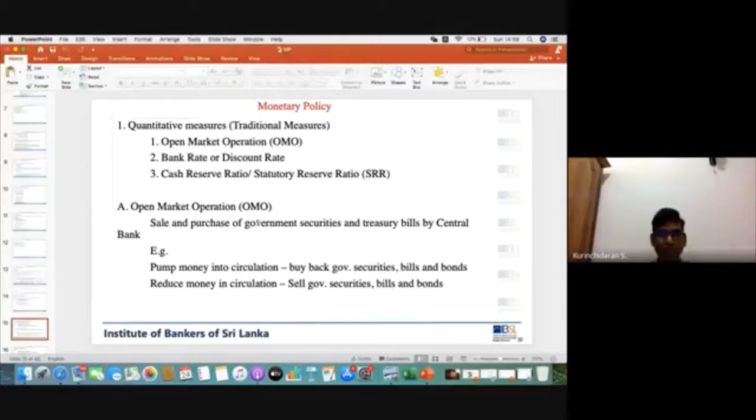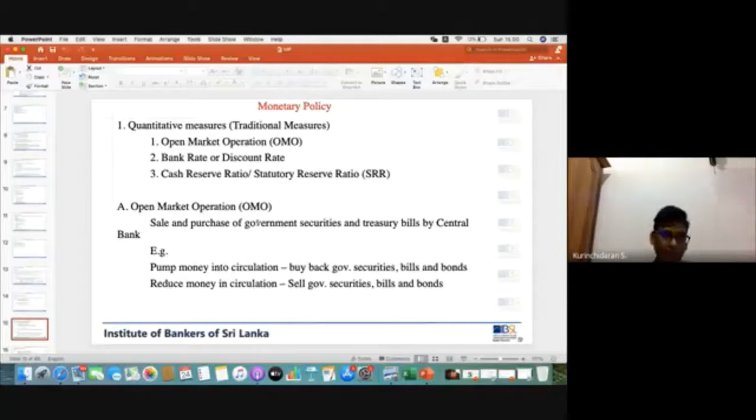Then the general public will have more money now, so they create more demand. It can increase aggregate demand, so economic growth may be stimulated.